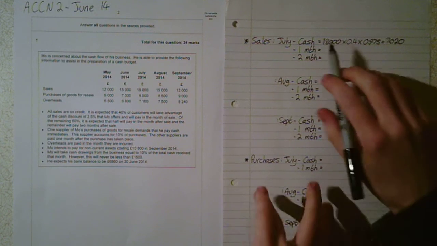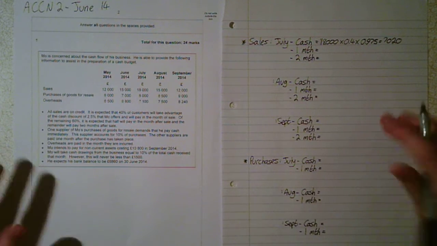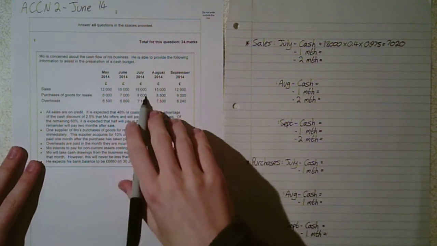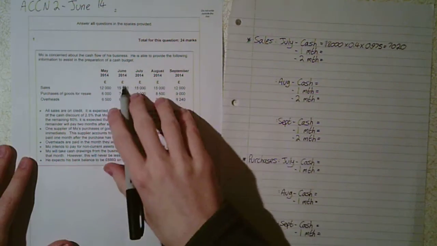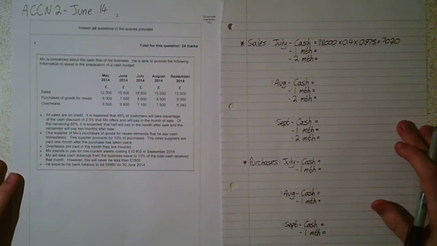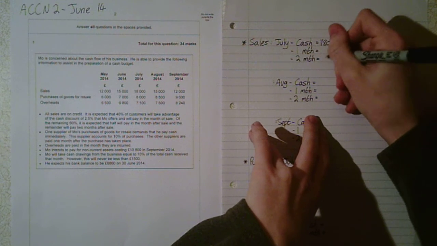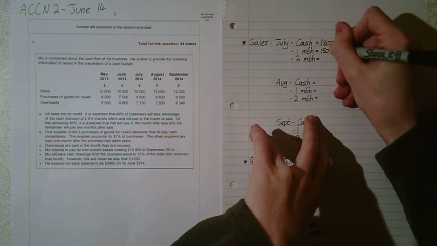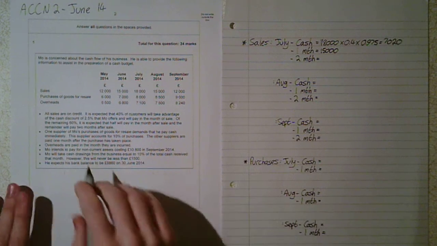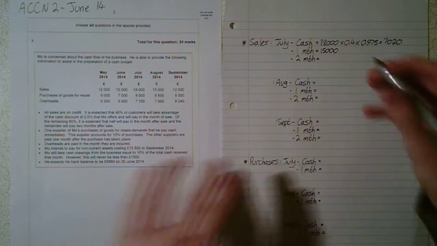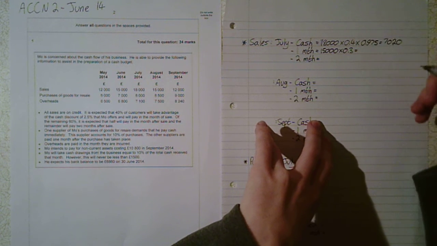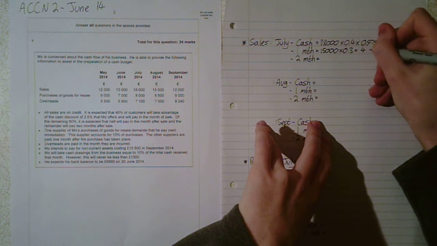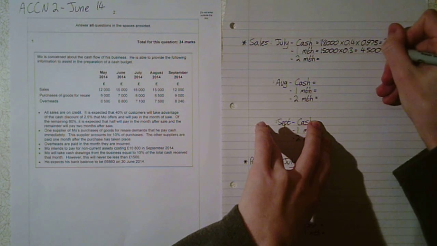So what cash are we receiving from 1 month's credit sales? Well, the month before July is June, so these sales will be given 1 month credit into July, won't they? So what we'll do is 15,000 times by half of this 60%. So I'm just going to times it by 0.3. So 15,000 times by 0.3, £4,500.